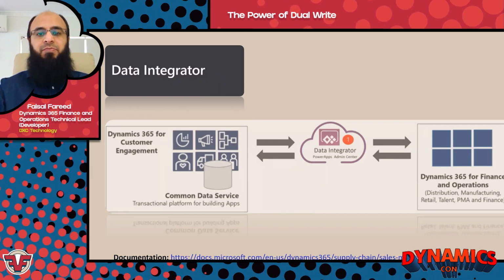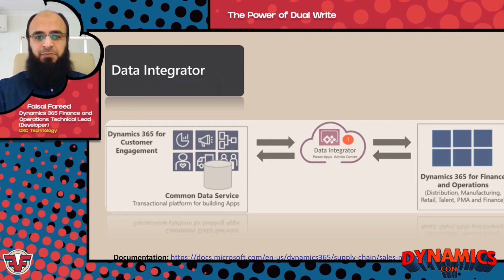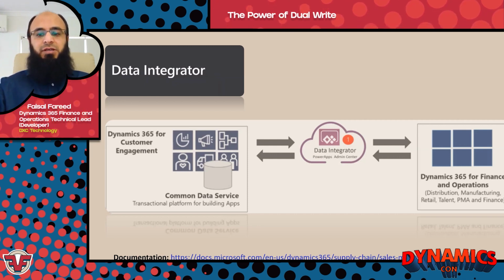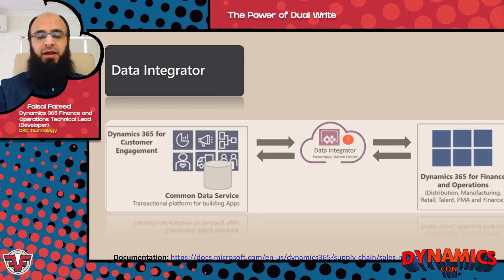Microsoft introduced data integrator at the start, and it lives between finance and operations and customer engagement. It has its own database, but it's a one-way integration. If you want to understand more about the data integrator, there is documentation at the bottom that you can read on the Microsoft Docs article.